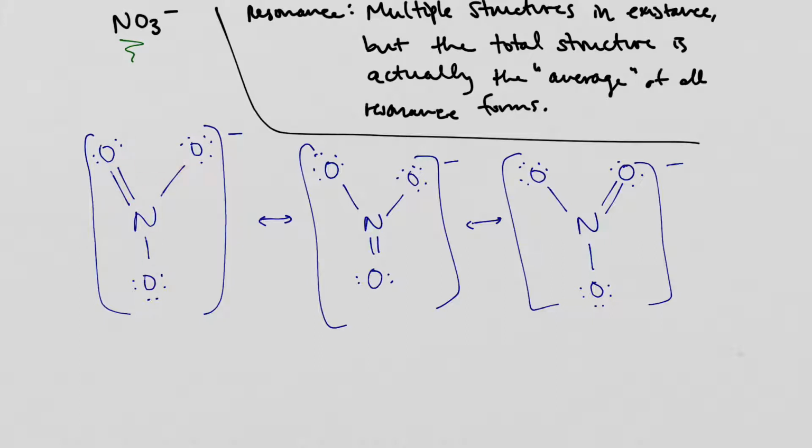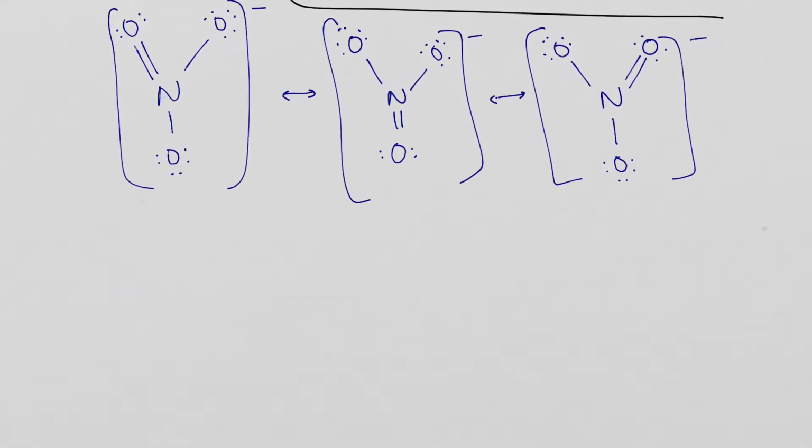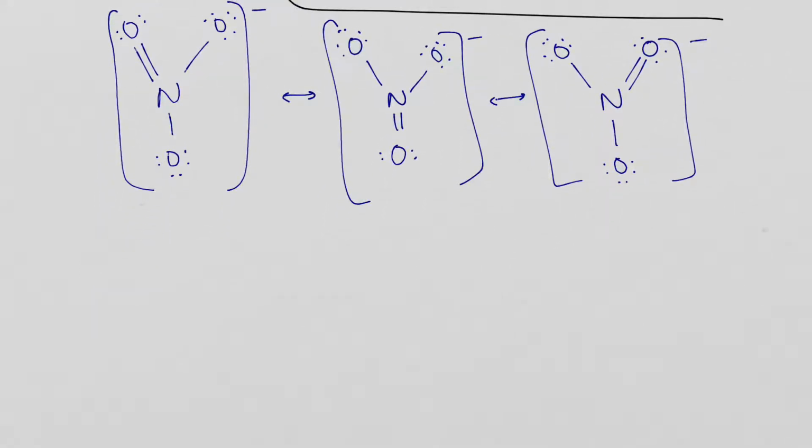Okay. Now, the reason we draw it like this, and in organic chemistry, you'll actually draw it a slightly different way. But the reason we draw it like this is because the reality is, in the nitrate ion, we have 1 double bond plus 2 single bonds. Okay.